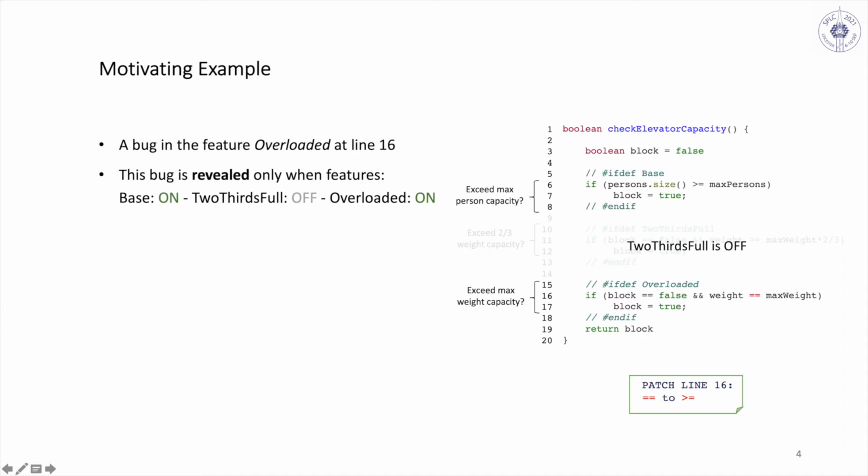Let's start with how the bug will be revealed through failures. We consider the function in the case where the feature two-thirds full is disabled. Over here, we check the person capacity as usual. Assume that it is still fewer than the limit, so it's okay. The block is still false.